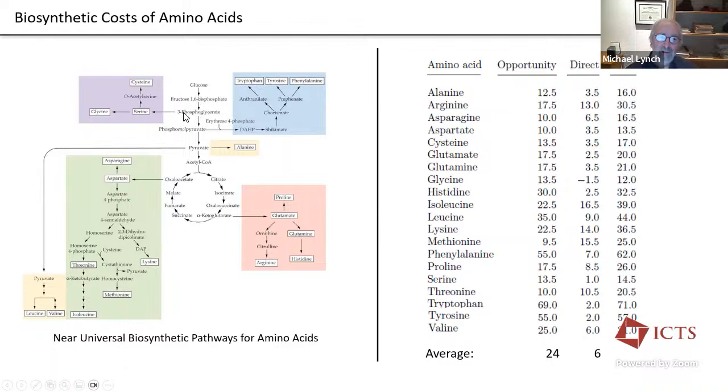You have to take this intermediate 3-phosphoglycerate here, and that's a substrate for making serine. So that's no longer available to extract energy. So this is an economics term that's frequently used, opportunity cost. So you lost the opportunity to get more energy in making this particular molecule for the cell. Does that make sense? Yeah.